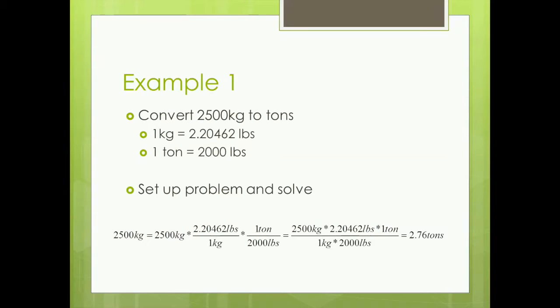We see that the numerator becomes 2,500 multiplied by 2.20462 times 1, and we divide by 1 times 2,000. Again, notice how kilograms appear in both the numerator and denominator, and pounds appear in both the numerator and denominator. That means kilograms and pounds are canceled, and the only unit we're left with is the one we desire, tons.